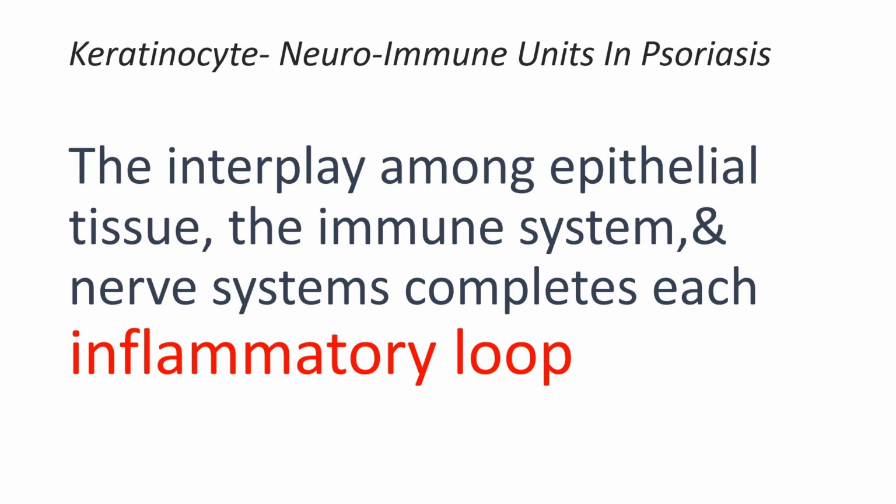psoriasis. So the inflammatory responses occurring within the epidermis have a key role in immune reactions, and when combined with neuroimmune cell units, they form an integrated cycle to start psoriasis pathogenesis. The interplay among epithelial cells, the immune system, and nerve systems completes each inflammatory loop, forming the extensive circulatory inflammatory cycles in psoriasis.